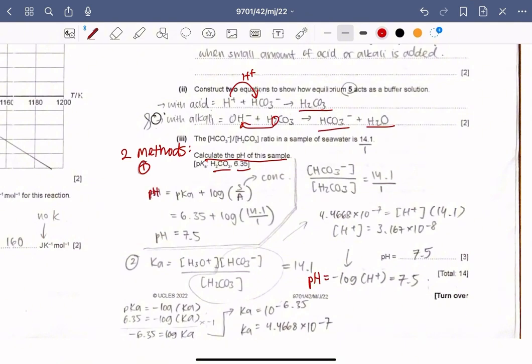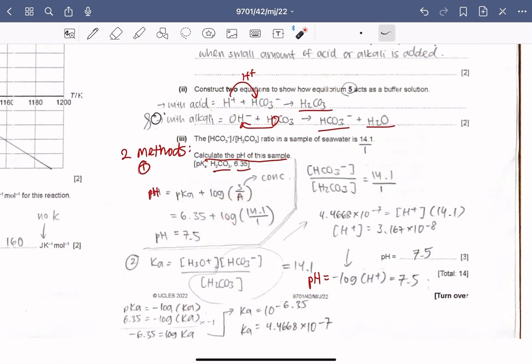So pH equals pKa plus log of salt concentration over acid concentration, and this is in a ratio. Because the concentration of HCO3 minus to H2CO3 is a 14.1 to 1 ratio, I inserted it here. The pKa is already mentioned here, 6.35. So just simply put it in the equation and you get pH 7.5.